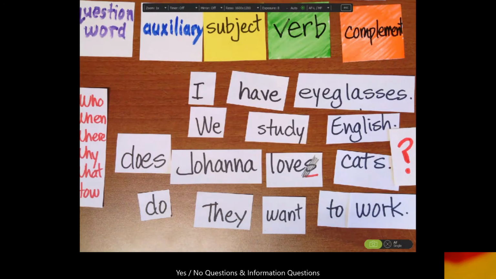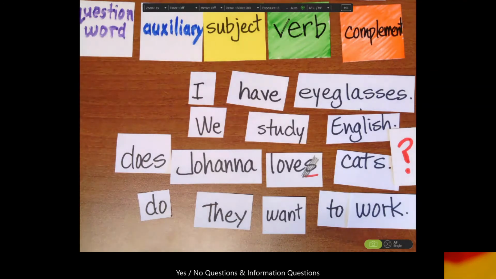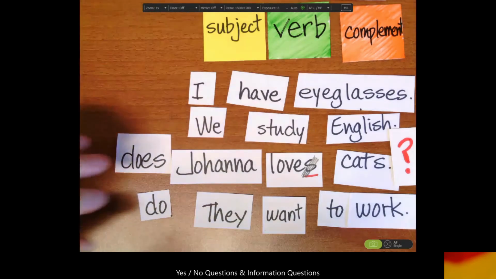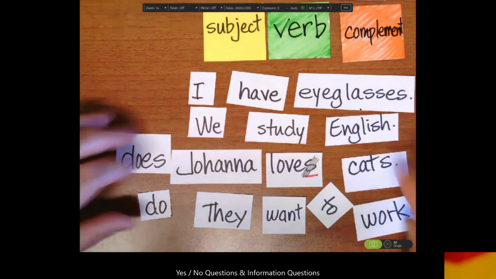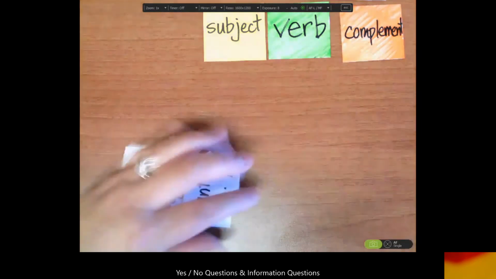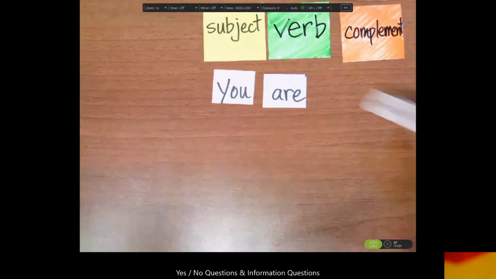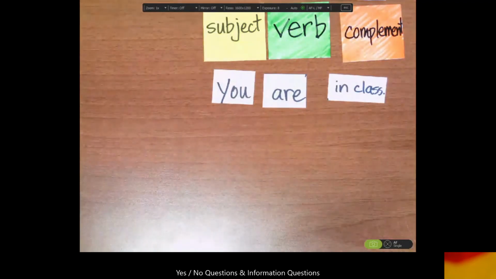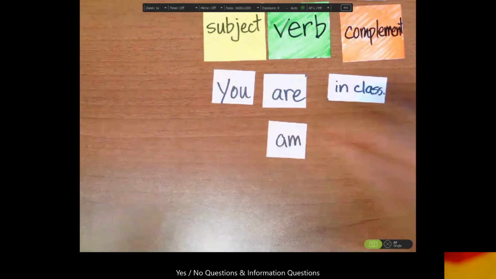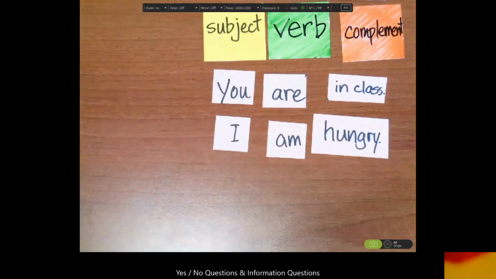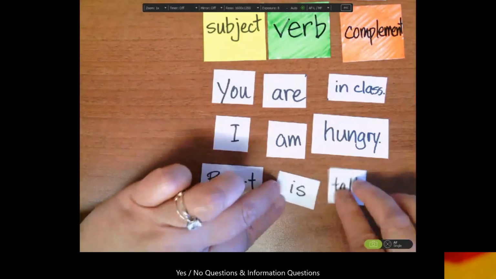Now, there is another type of yes/no question, and those questions use the verb be. So I'm just going to move all of these out, and we're going to look at some sentences that use the verb be. You are in class. I am hungry. Robert is tall.